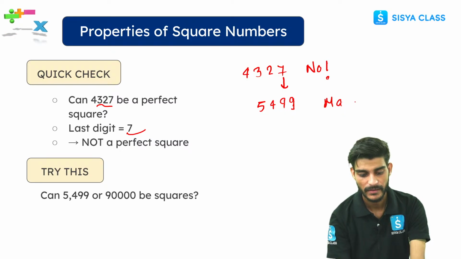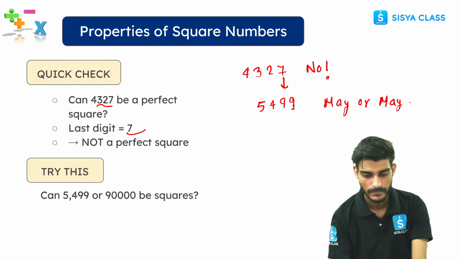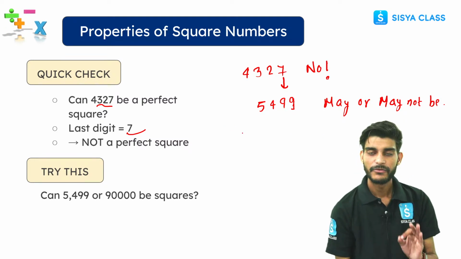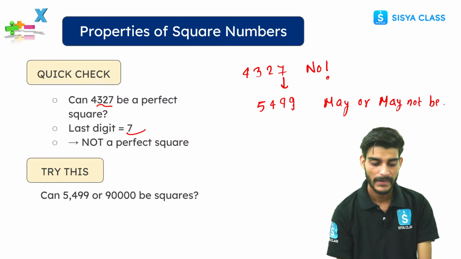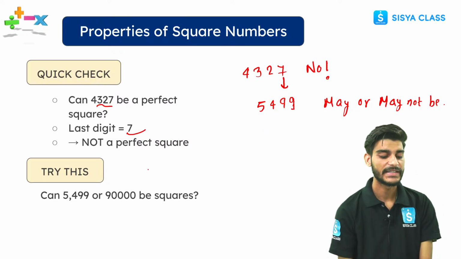You have to check. Okay? Clear? 5499 may or may not be a perfect square, but this is not a perfect square. Okay? So it is a necessary condition, but not a sufficient condition.